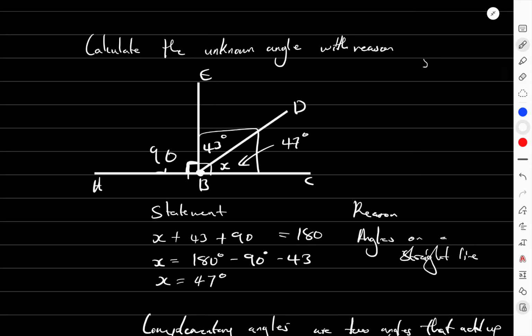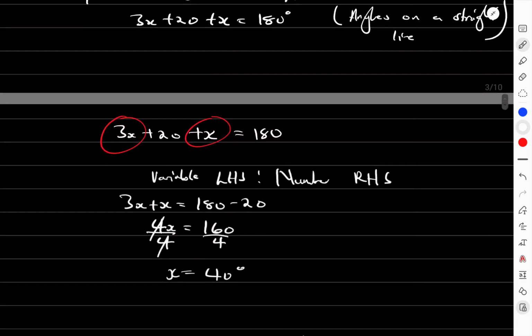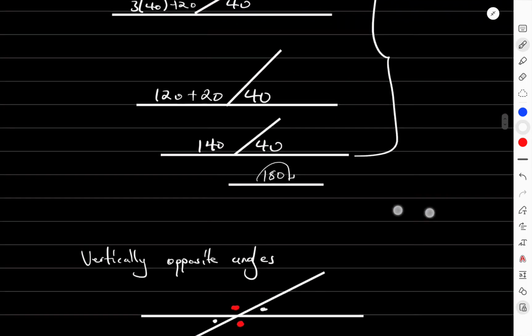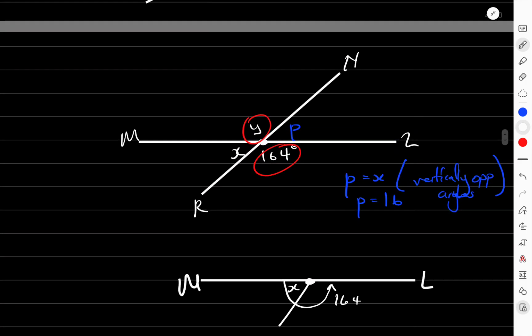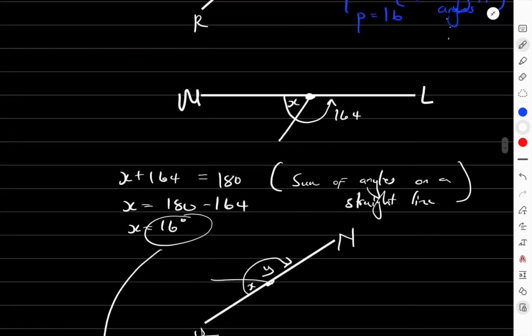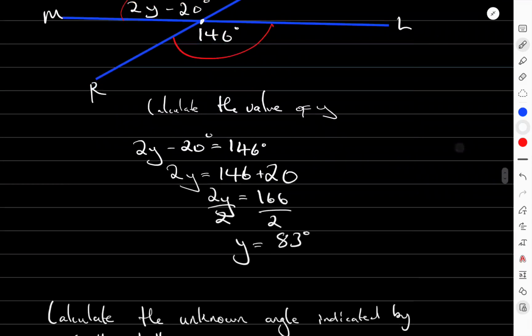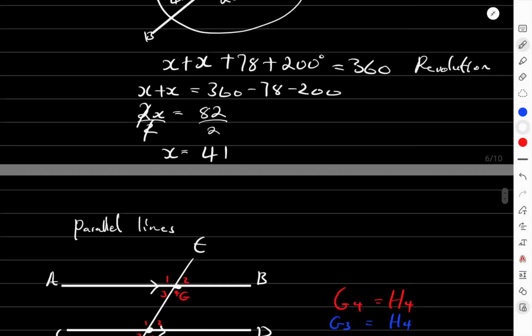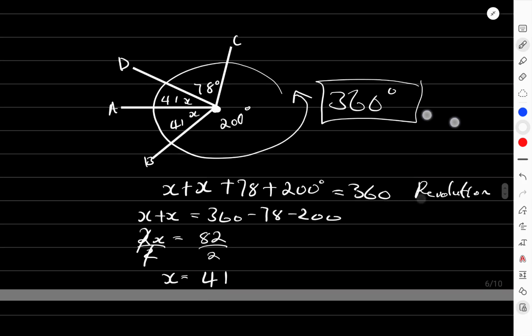The sum of angles in a straight line add up to 180 degrees. We spoke about calculating the size of each angle. We also spoke about vertical opposite angles. Those are equal. And after vertical opposite angles, we did angles around a point. Those are angles that add up to 360 degrees.